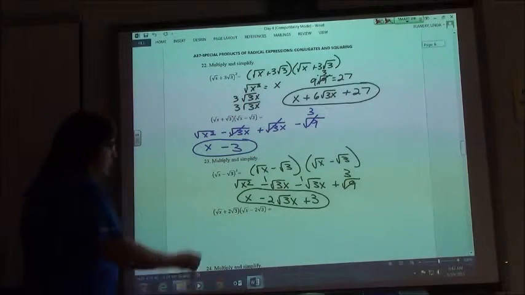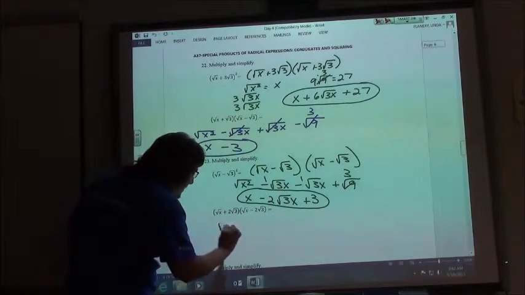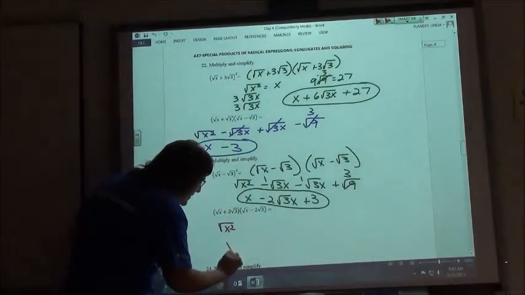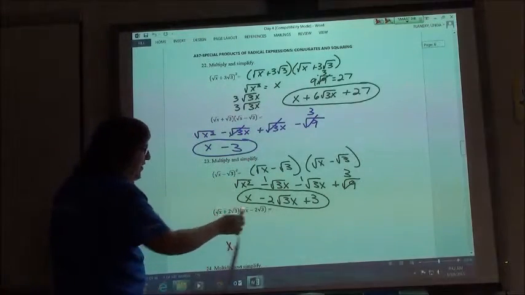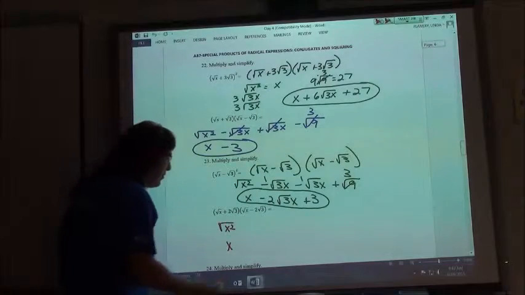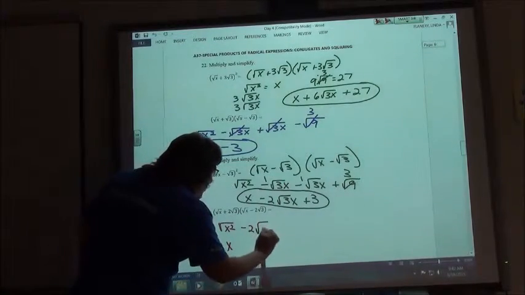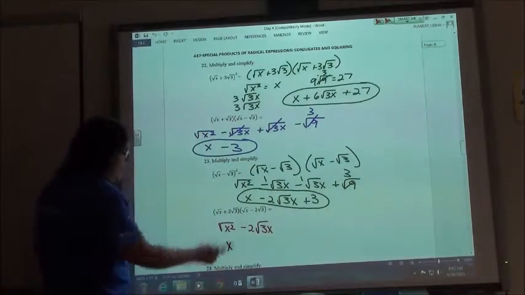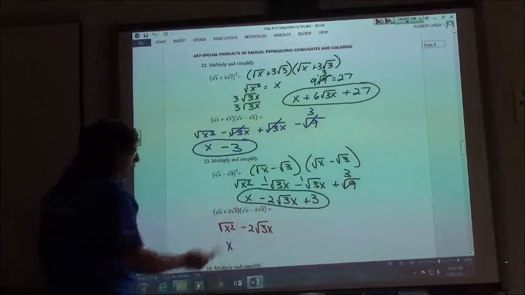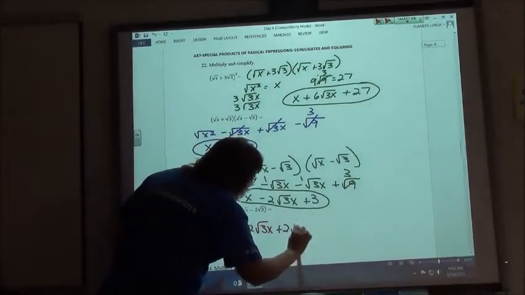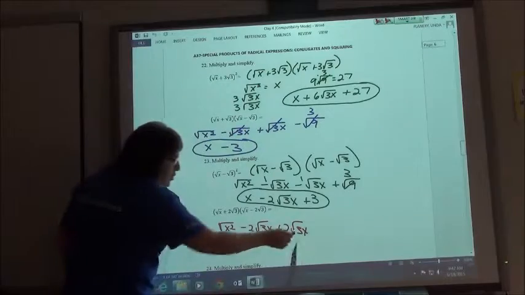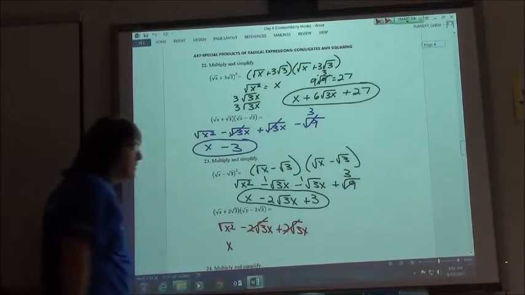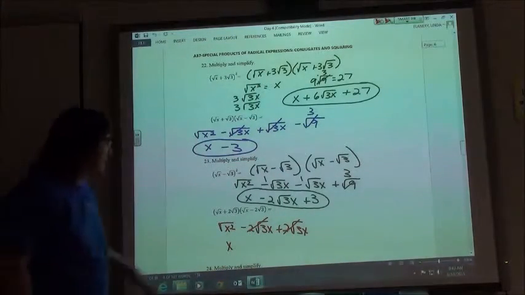The next one, square root of x times the square root of x again, square root of x squared, which is just x. Square root of x times negative 2 square root of 3 is negative 2 square root of 3x. Positive 2 square root of 3 times the square root of x is a positive 2 square root of 3x. Those should be opposites. They're going to cancel since we're multiplying conjugates.